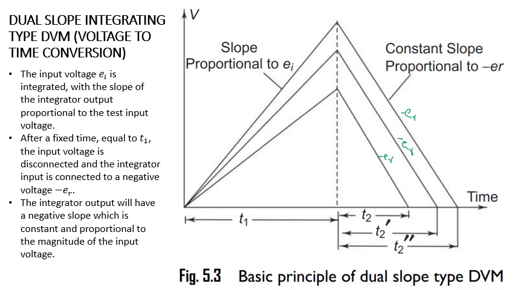Whereas in the first case, the first may have EI1, the second EI2, and the third EI3. That is why the slope is different for the positive going ramps, whereas the negative going ramps all have the same slope because they are connected to the same voltage. Try to understand.